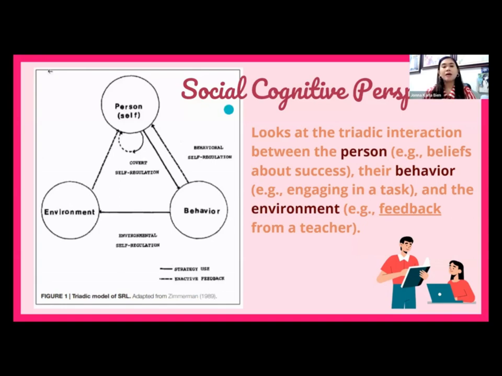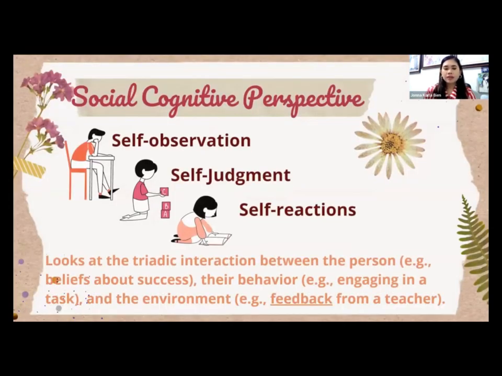And that feedback could also affect the behavior of the individual, whether it is said, or given in whatever form, it could actually affect the person. So, in the social cognitive perspective, you have here three interactions which are included in the approach.